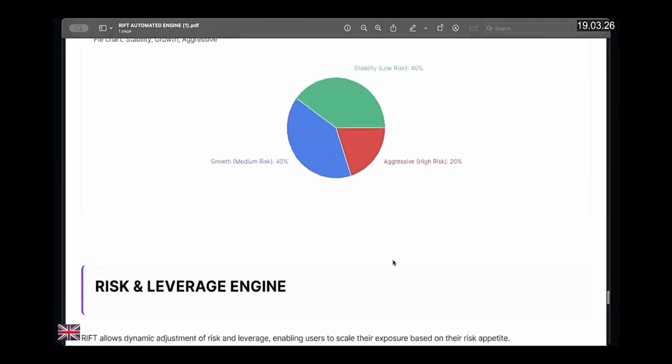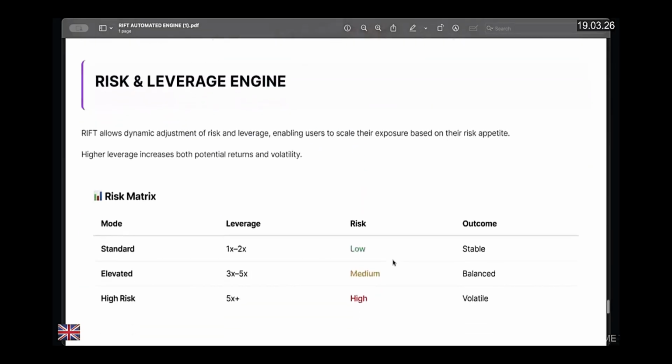Plus, there is the risk and leverage engine, through which the automated system manages the risk appetite based on the market behavior: stable, balanced, or volatile. When the market volatility is very high, the leverage is higher. When the market volatility is medium, the leverage is elevated.